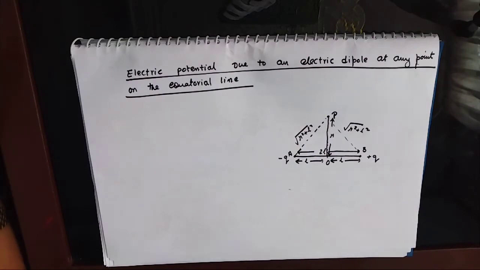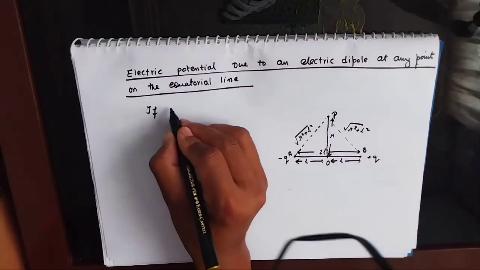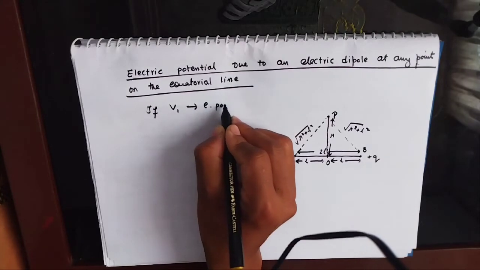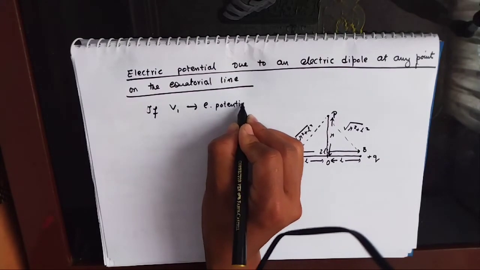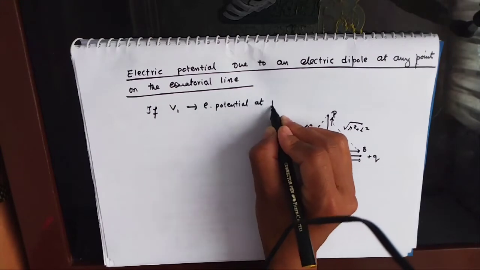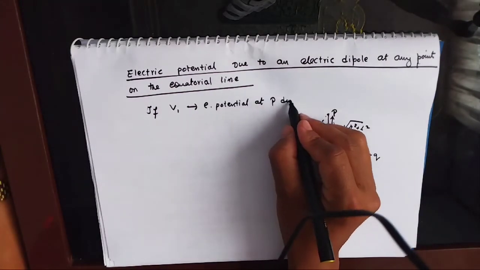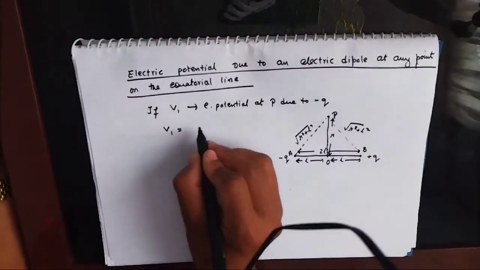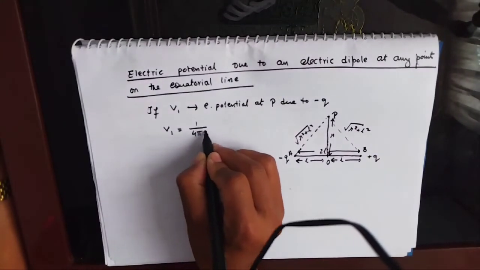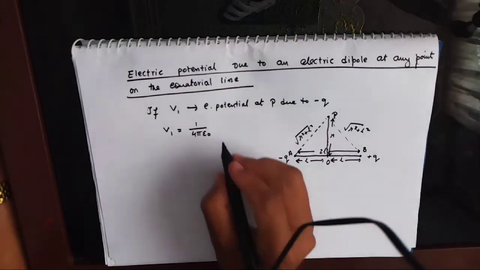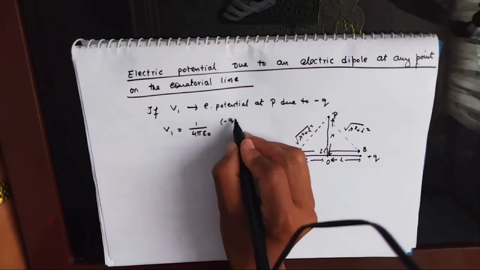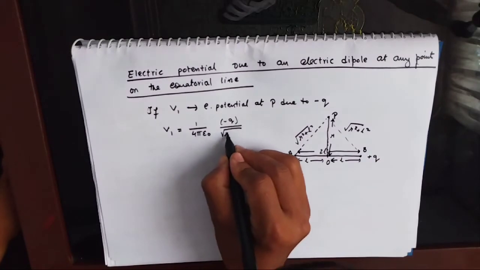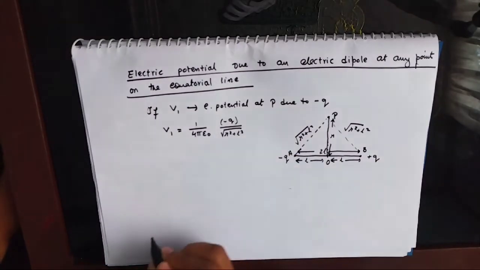Now if V1 is the electric potential at P due to minus Q, what is V1? V1 is 1 by 4 pi epsilon naught, then the charge is minus Q, and the distance is root over R square plus L square.